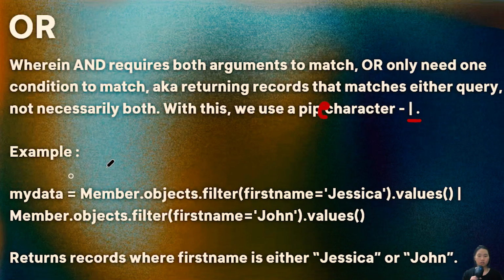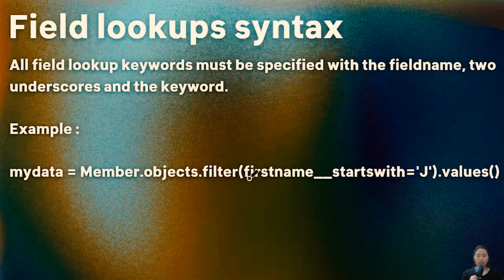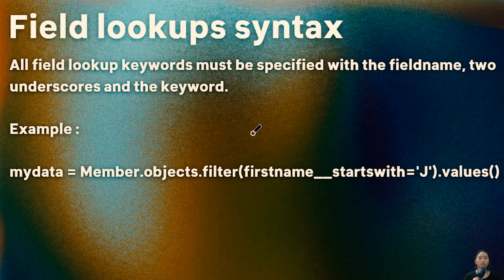Dot filter over here corresponds to this part moving forward. I just wanted to shorten it. Now, lookups syntax. All field lookup keywords must be specified with the field name, two underscores and the keyword, like so. Filter, first name, two underscores, startswith J, and then dot values.